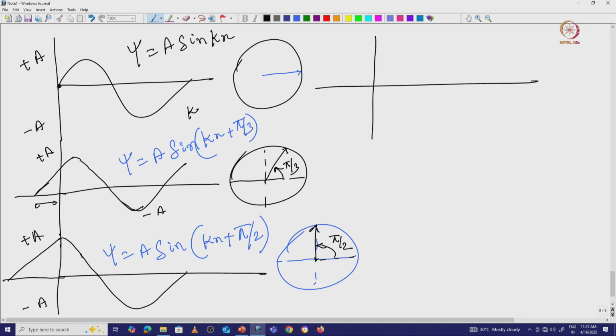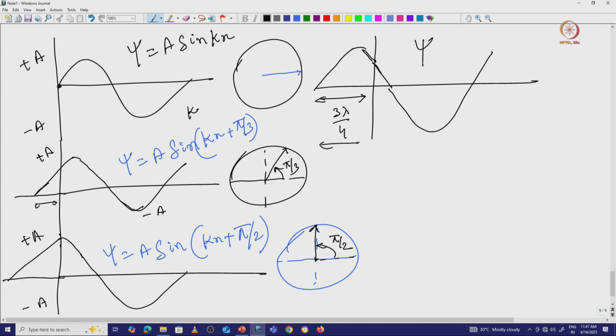The next wave, you can see that here it reached the maxima and then goes down. Here you can see it moved almost 3 lambda by 4 in this direction. Okay. Now we want to plot the same one again.